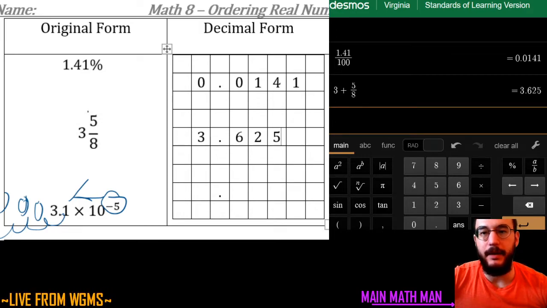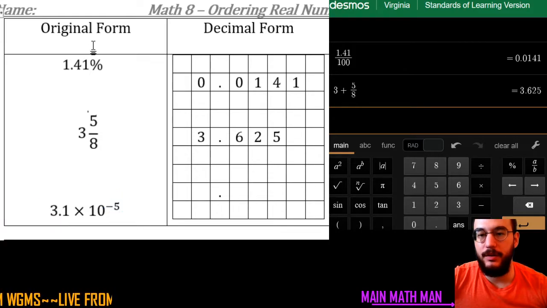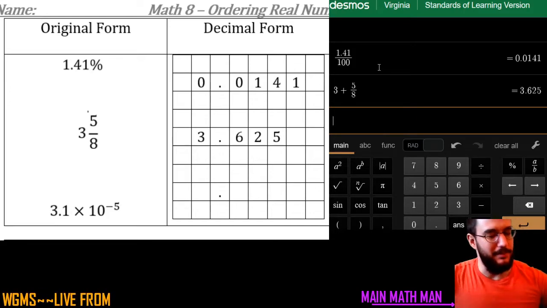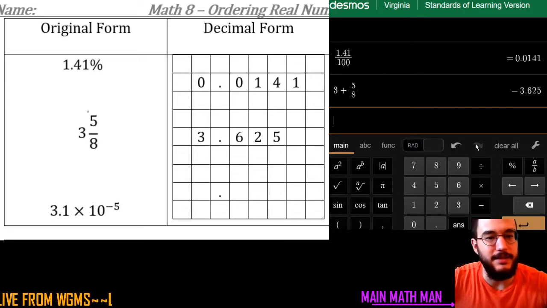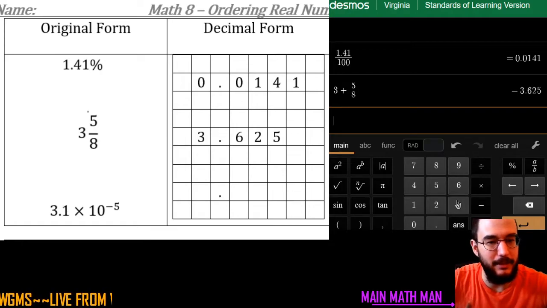However, let me see if I can go the whole way back. Let's do it using that Desmos calculator. That way we know our answer is correct. So let's make it look exactly how it says. I have 3.1, and then I have times. Again, make sure that's a multiplication.